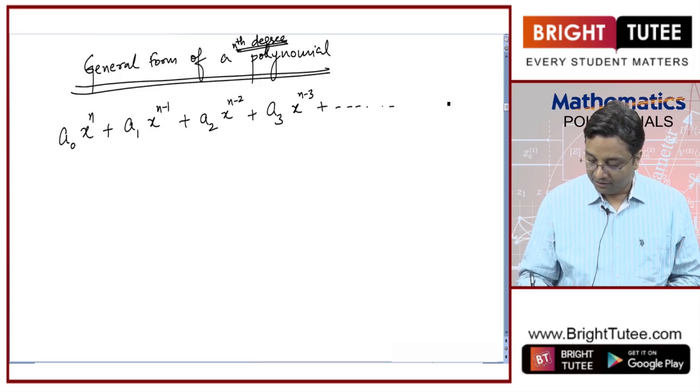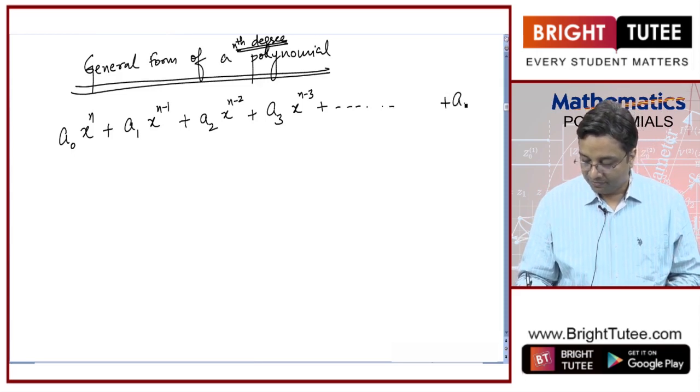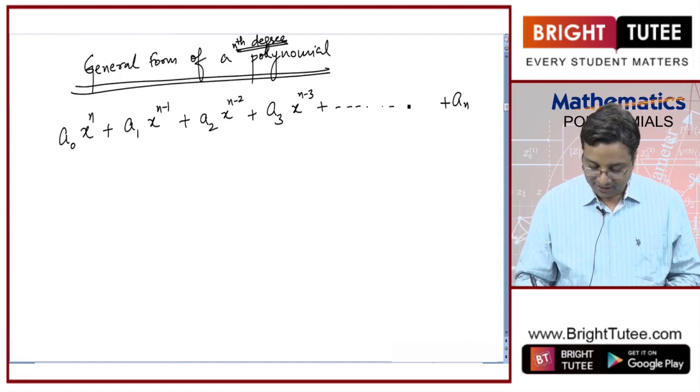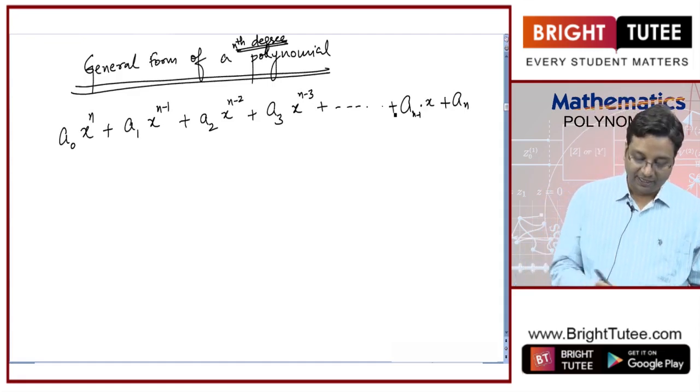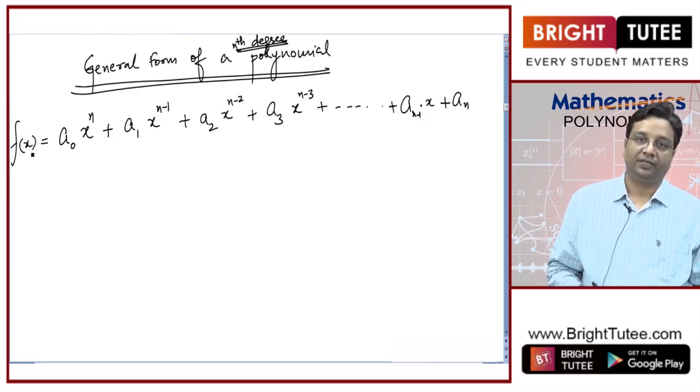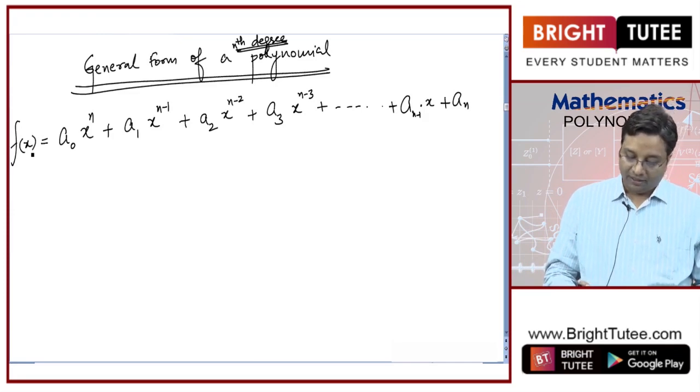So the last term will be an, it will not have any power of x, and the second last term is a of n minus 1 into x, right? If I write a polynomial like this, let us say it is equal to f of x. You can take it as p of x, q of x, that doesn't matter, right?